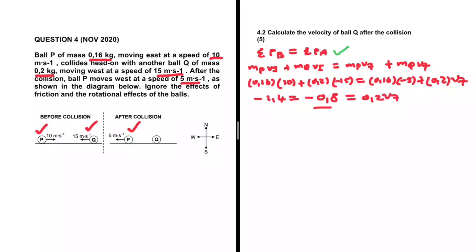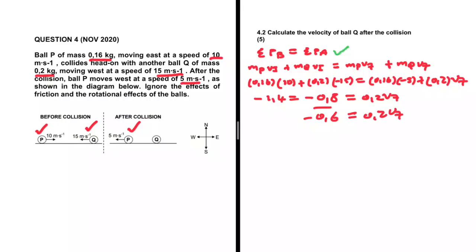So I'm going to take minus 0.8 to the left hand side. So that will be minus 1.4 plus 0.8, which is minus 0.6. So minus 0.6 is equals to 0.2 VF.